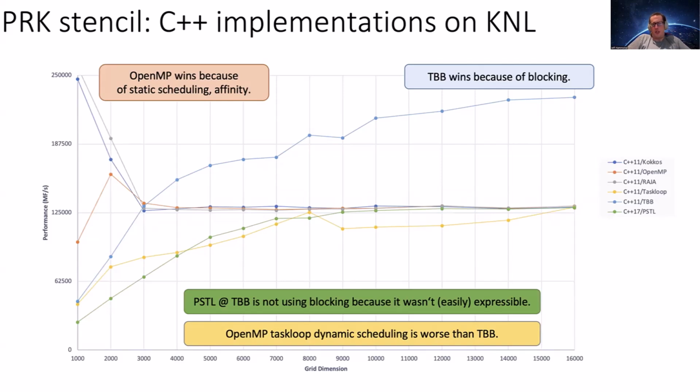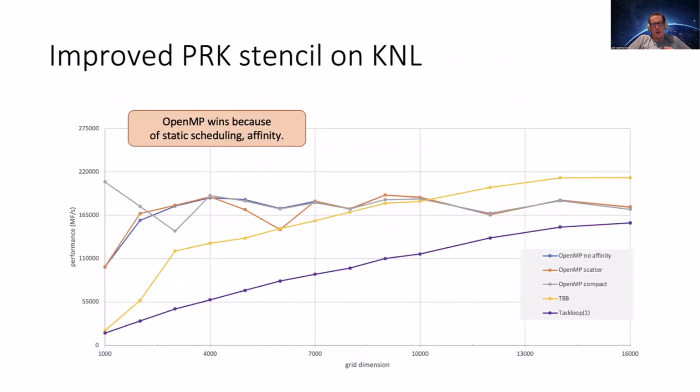We also did RAJA and Kokkos, and the results are not interesting because you're seeing the OpenMP backend effect. So yeah, this is just fix all the things, write the blocked version, and now TBB is about even, although it's still a little bit different. I never figured out why it was asymptotically better, but I think it may have something to do with the KNL having 2 tiles per L2.